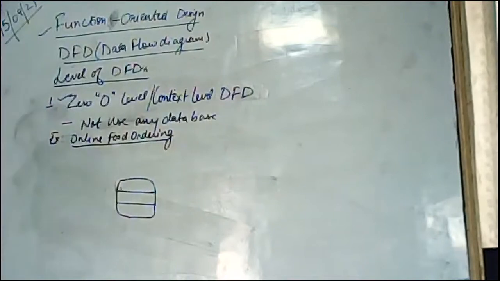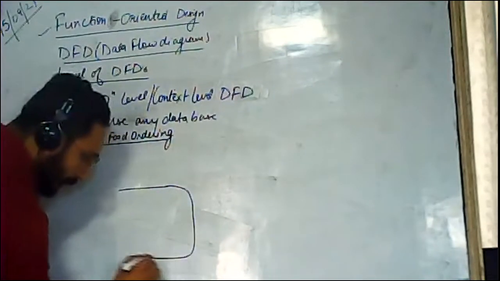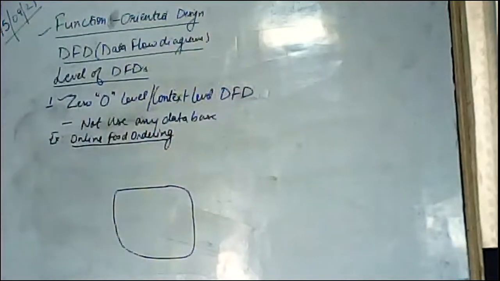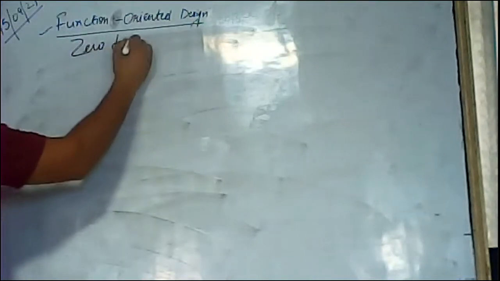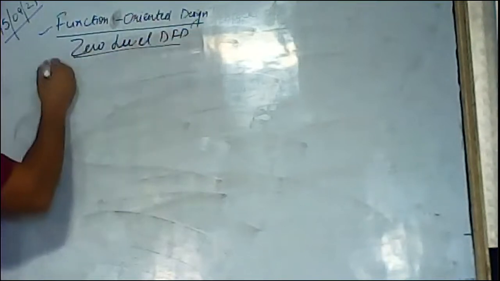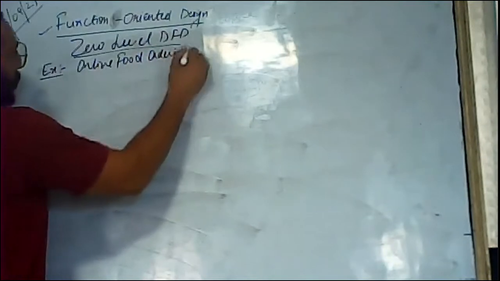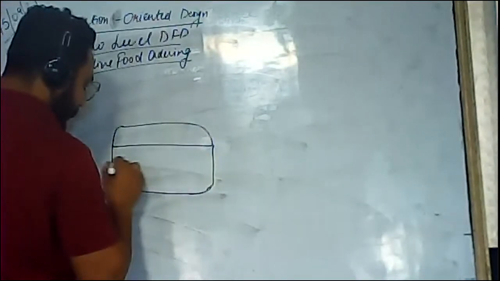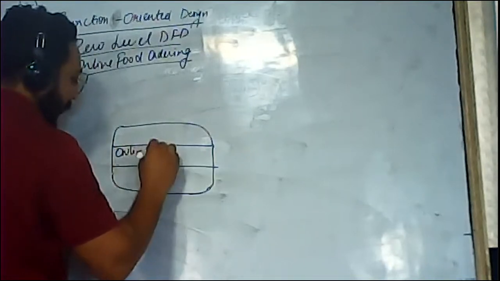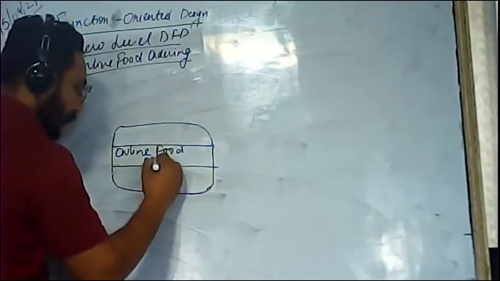And I will label this process. The project name is your process: online food ordering.